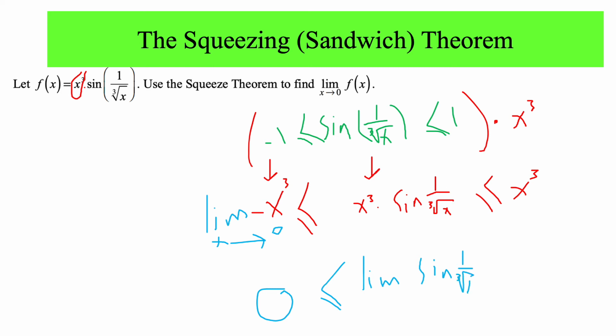This is what we want to find. The right side also, if I put the limit here also we will get 0. That means our question is now between 0 and 0. So of course the answer will be 0.